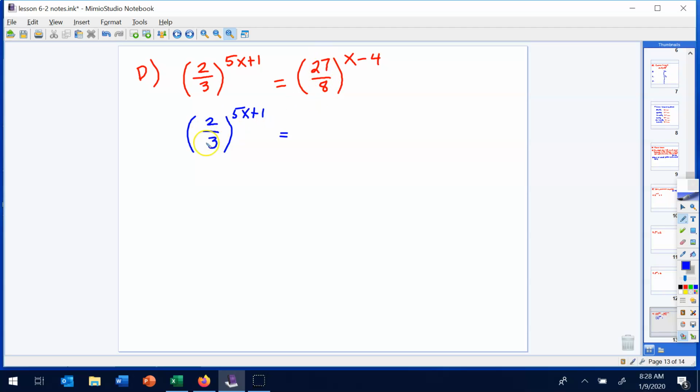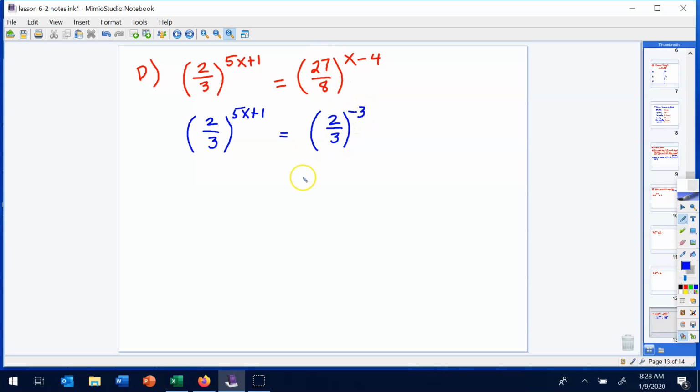Okay, so we can use this 2/3 base, but to make it equal to 27/8, I'm going to need to flip it over, which means I need a negative exponent, and then I can raise it to the third power.